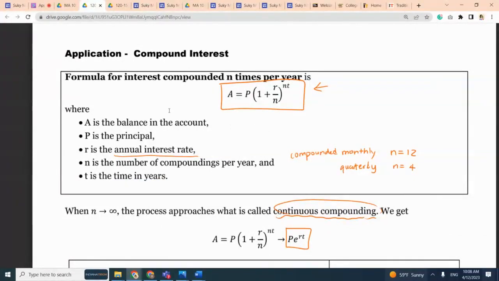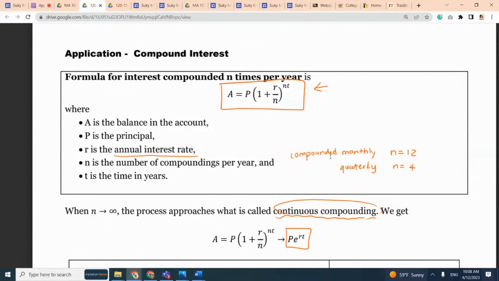So the formula for interest compounded n times per year is A equals P times (1 plus r over n) raised to the power of nt, where A is the balance in the account, P is the principal, r is the annual interest rate, and n is the number of compoundings per year.